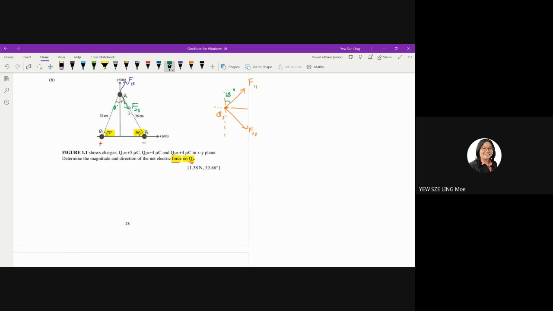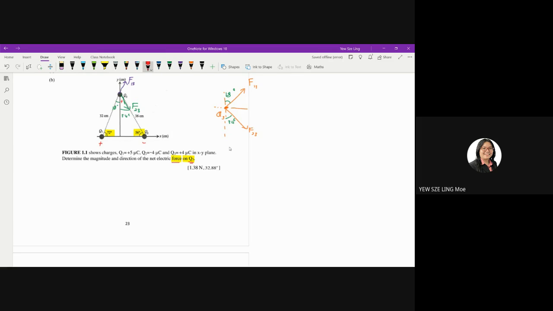Here is 56, which means that right here would be 34 degrees. So 18 and 34, you need to include in your diagram. This one is easier because it's given. Straight away you can tell from the diagram given that you have the angle, therefore you need to include it in your electric force diagram.